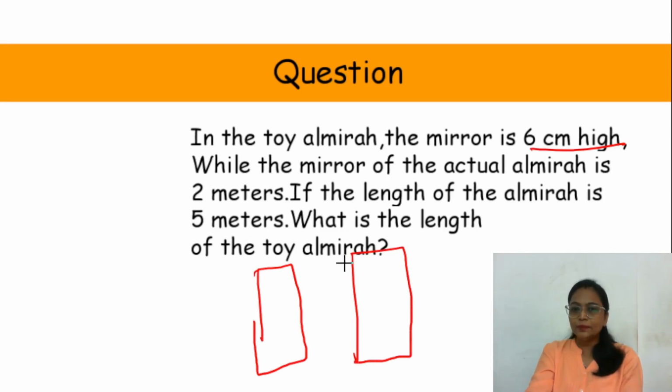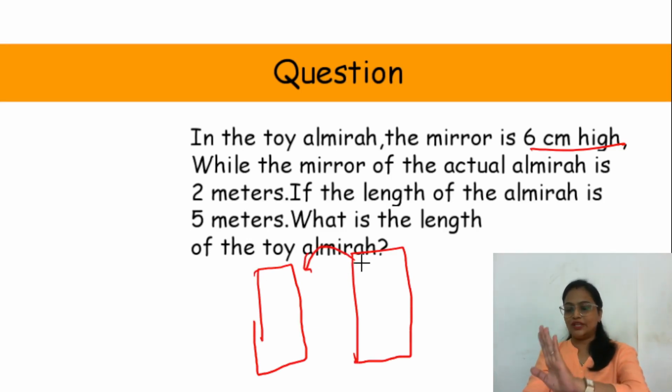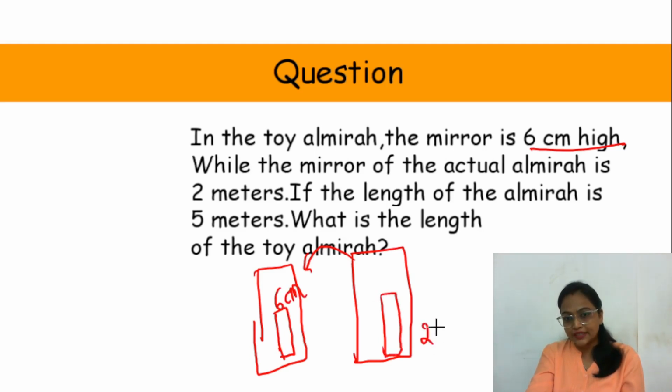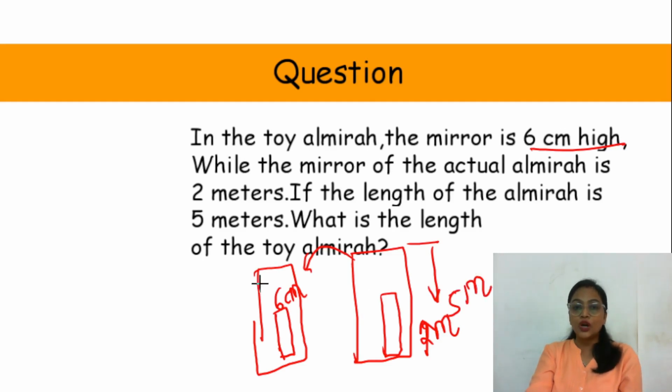Now this toy Almira is the model of this actual Almira, that is, it is made proportional to this Almira. The mirror of this toy Almira is 6 centimeters and the mirror of this actual Almira is 2 meters, right? And the length of the Almira is 5 meters. Okay. Now we have to find the length of this toy Almira.